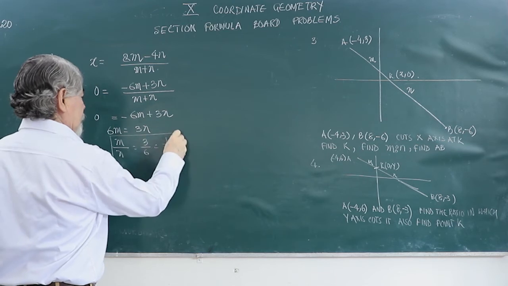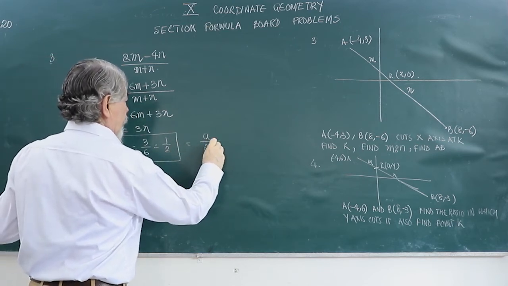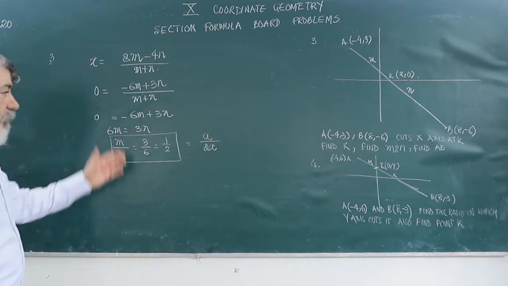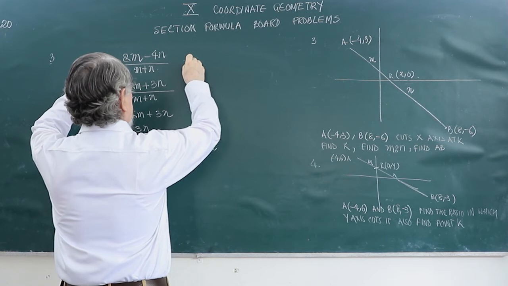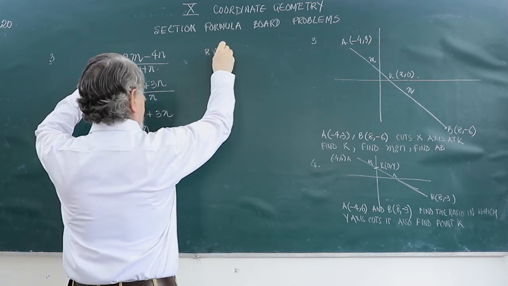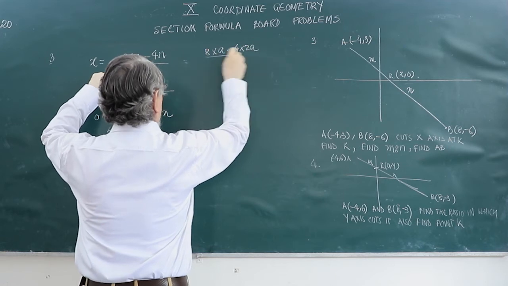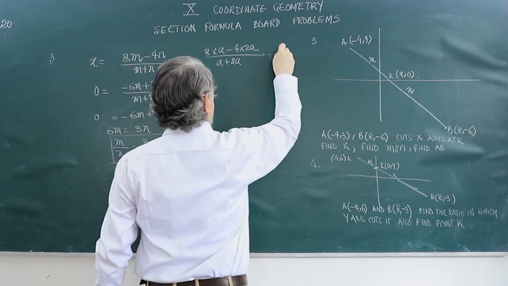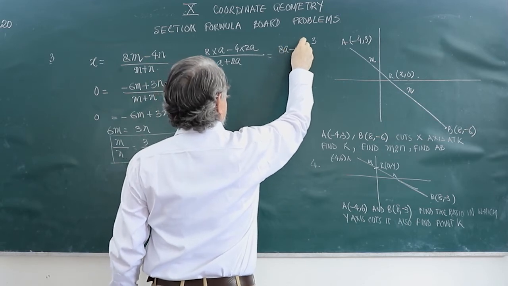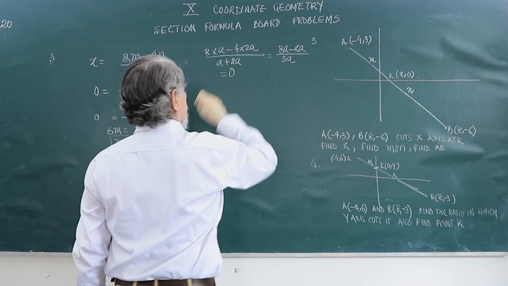I can take m to be a and n to be 2a, 1 upon 2. Now let us put the values here. 8 into a minus 4 into 2a upon a plus 2a. It will come out to be 8a minus 8a upon 3a, which will be 0.